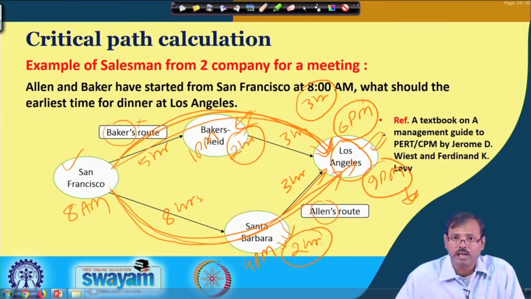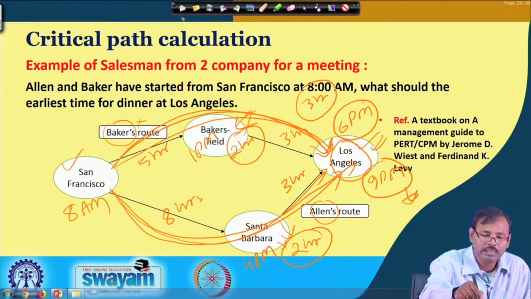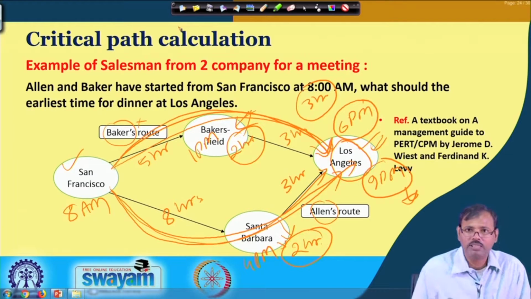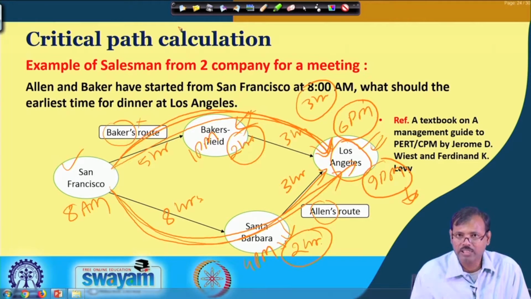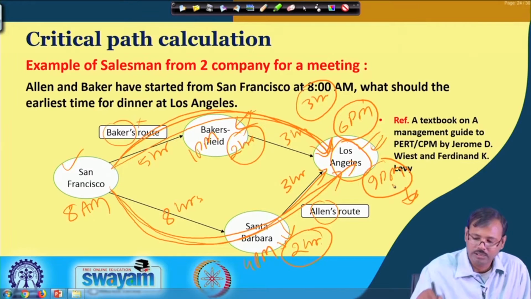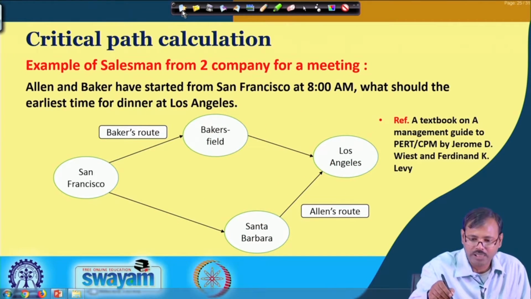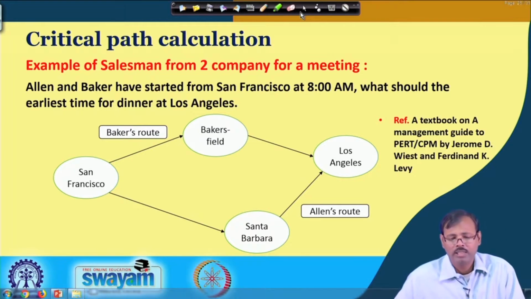The earliest possible time to arrange that meeting is 9 p.m., not 6 p.m. So, basically this analysis reveals that the earliest possible time for completion of the job is 9 p.m., not 6 p.m. So, this is called critical path analysis.